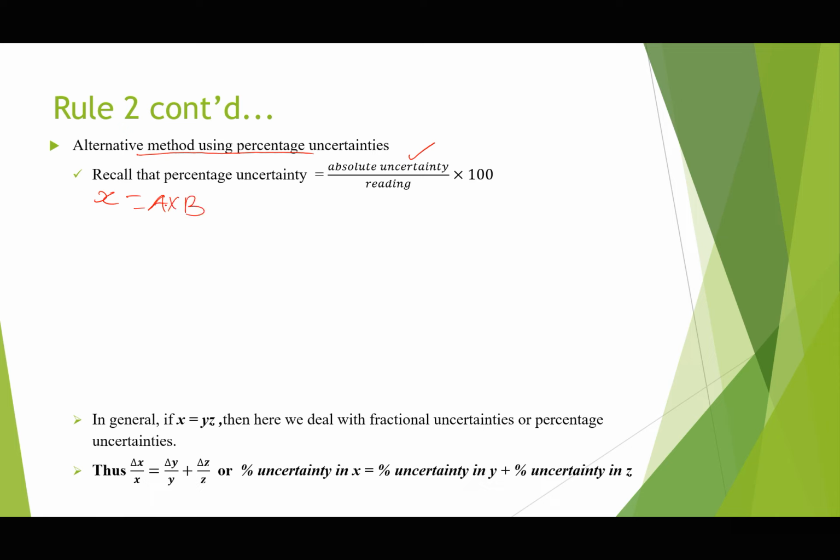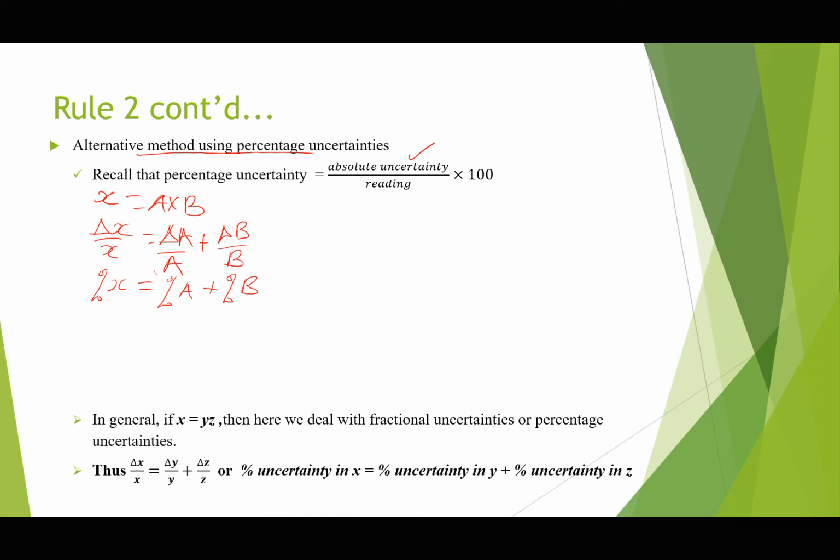When I establish the fractional uncertainties, I'll have that uncertainty in x over x is equal to uncertainty in a over a plus uncertainty in b over b. Those are the fractions being added. When I multiply both sides by 100, the left side becomes the percentage uncertainty in x, and the right side becomes the percentage uncertainty in a plus the percentage uncertainty in b.